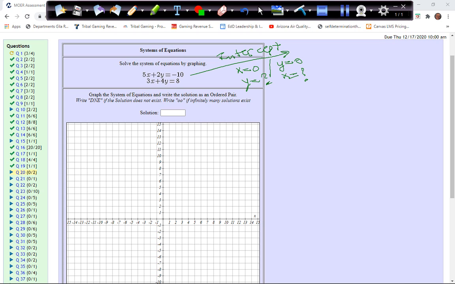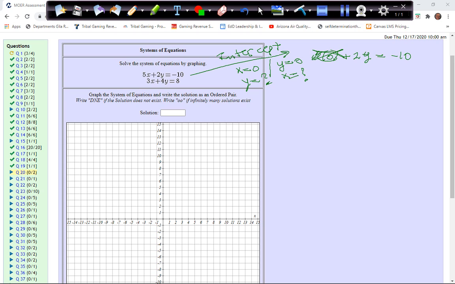Okay. When you put in 0, that part goes away, and you're just left with one part. So let's start with x equals 0. That's 5 times 0 plus 2y equals negative 10. Notice 5 times 0 is just 0. This just disappears, and we've got 2y equals negative 10.